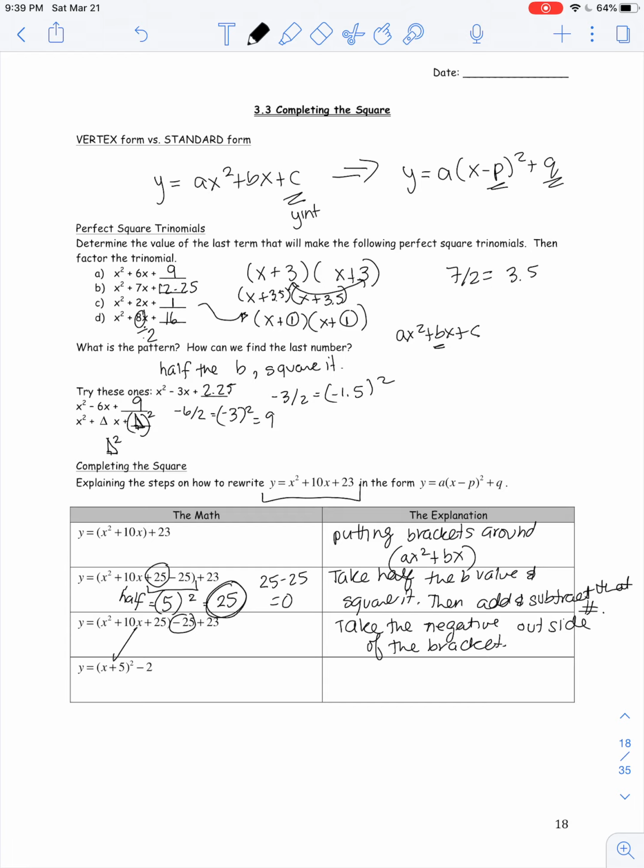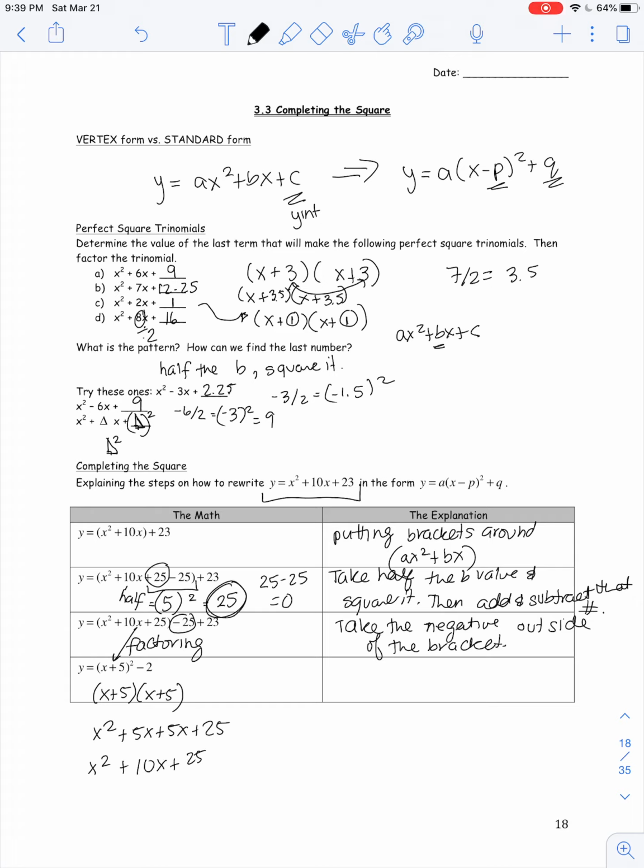And then here, this is called factoring, where if you write it out, x plus 5 and x plus 5, that's the same as x plus 5 squared. If you do FOIL, first, outside, inside, last, you're going to notice you get back to what we had originally.